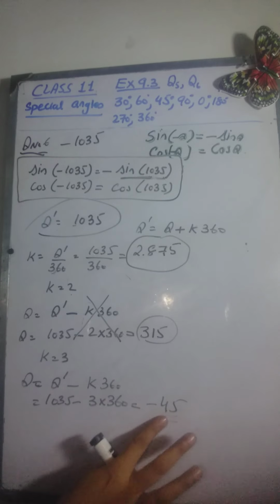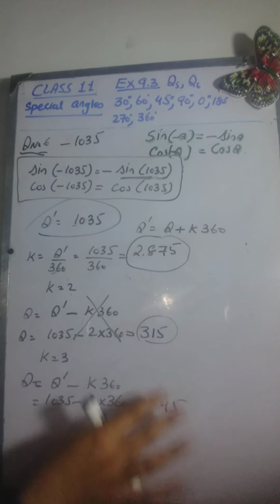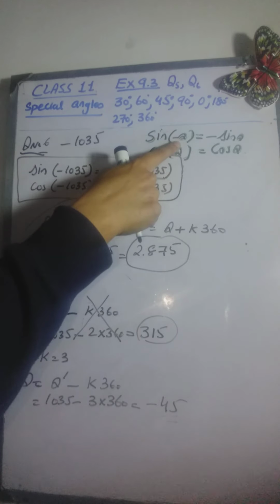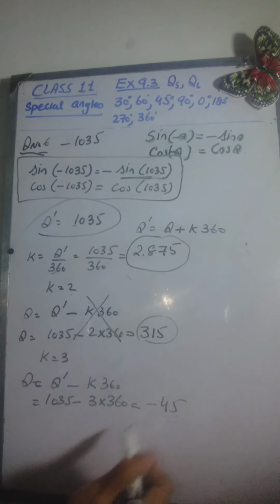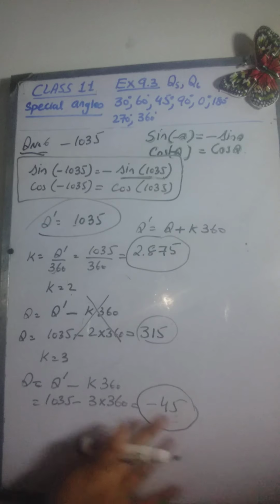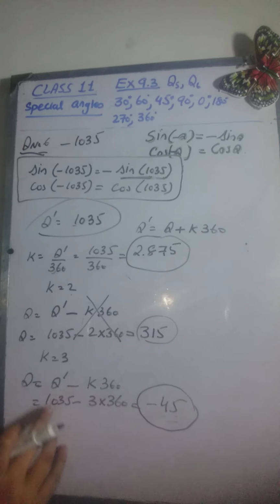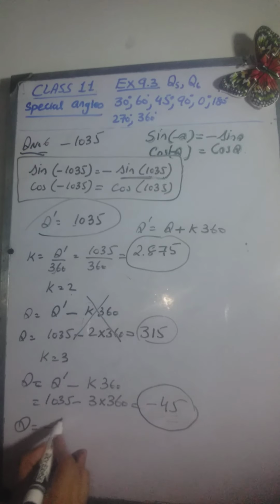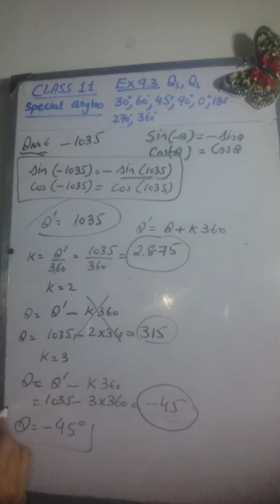We know the trigonometric ratios of 45. With the help of that, we can find the trigonometric ratios of negative 45 because we know this property. So it means we can get the trigonometric ratios of 1035. Our special angle here is negative 45 degrees, the angle which will lead us to the trigonometric ratios of 1035.